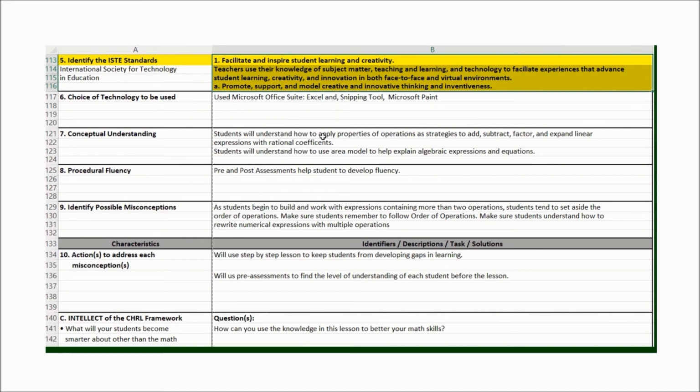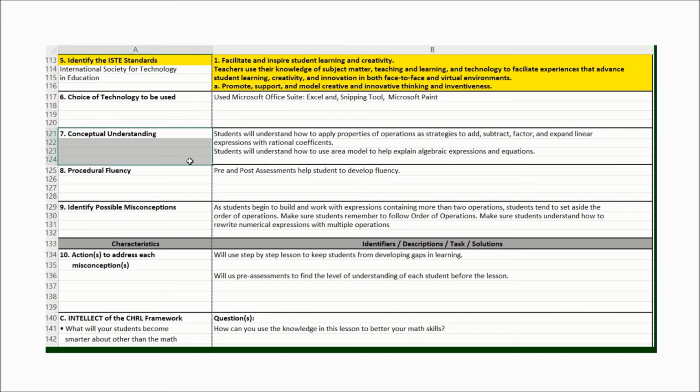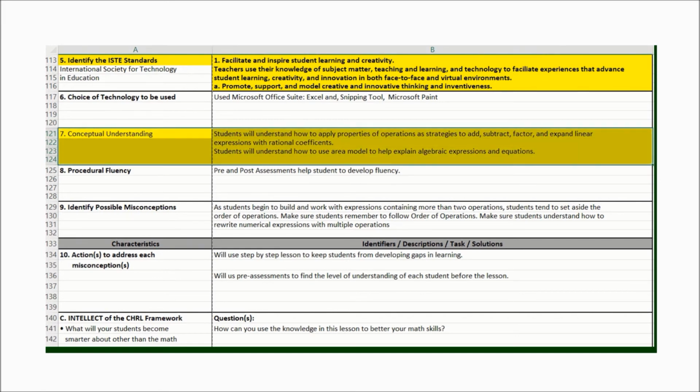As we move on down the document, I was asked to explain the conceptual understanding, which is right here, where students will understand how to apply properties of operations such as adding, subtracting, factoring, and expanding linear expressions with rational coefficients. Students will understand how to use area models to help explain algebraic expressions and equations.